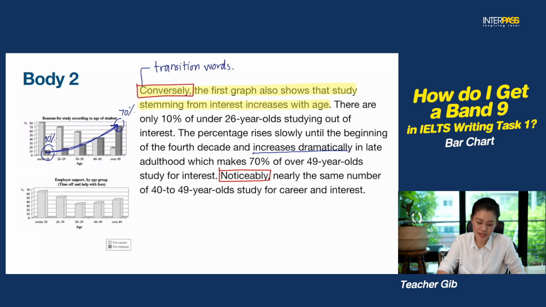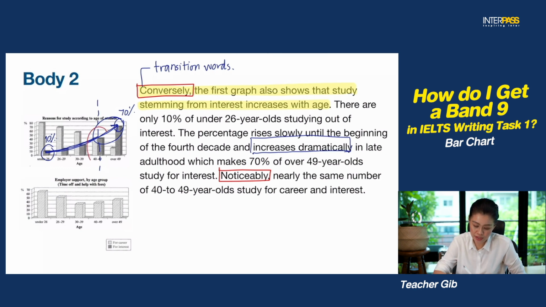You can see that the writer divided this into 2 parts. This one is increasing only gradually, but this one is a dramatic jump. Okay, and noticeably, nearly the same number of 40 to 49-year-olds study for career and interest.